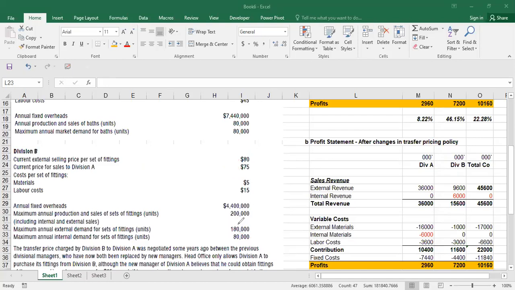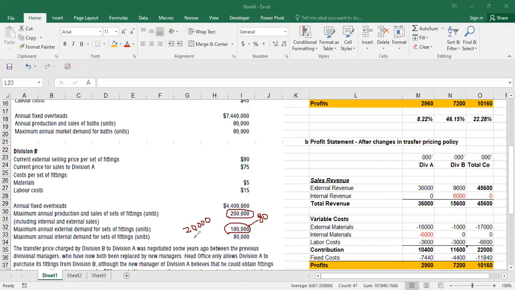You know what will happen? Their capacity is 200,000. Out of 200,000, 180,000 they will sell to outsiders at a price of $80. And then they will have 20,000 units extra capacity. So this 20,000 will become extra.